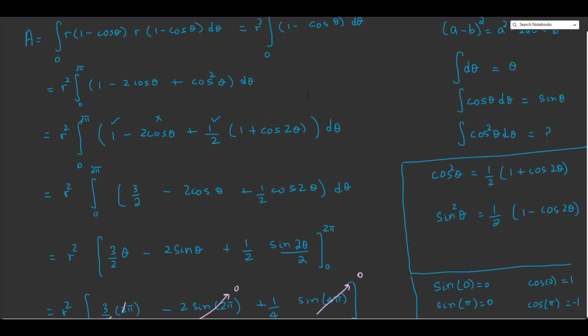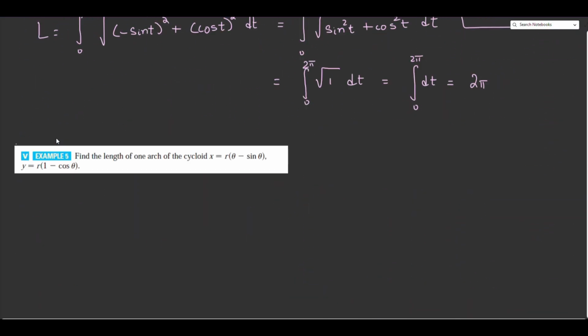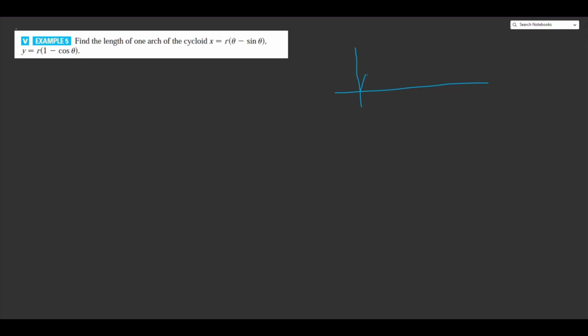This is the same curve which we have discussed here, this one. So let us do this. This is the one arc, here it is 0 and this is 2 pi.